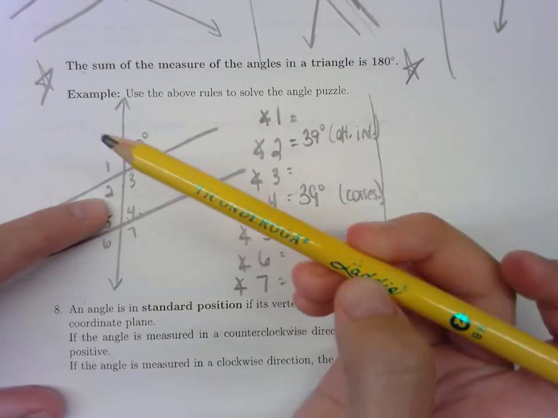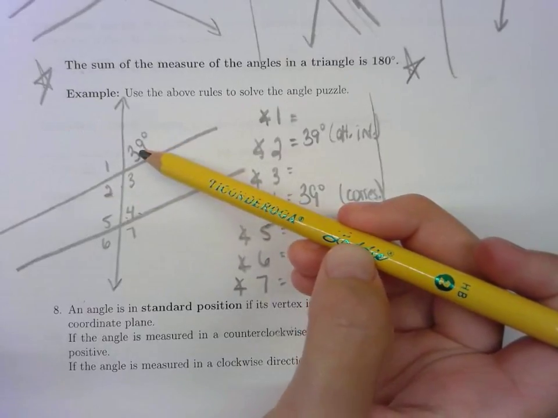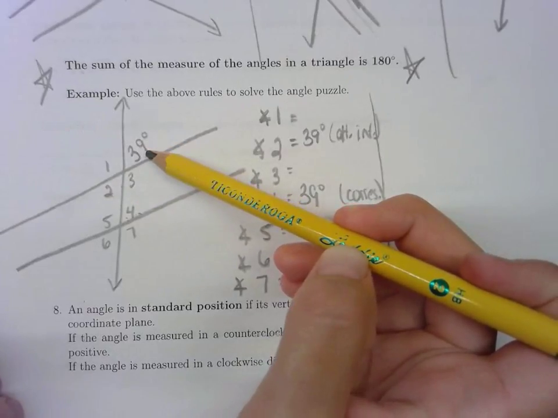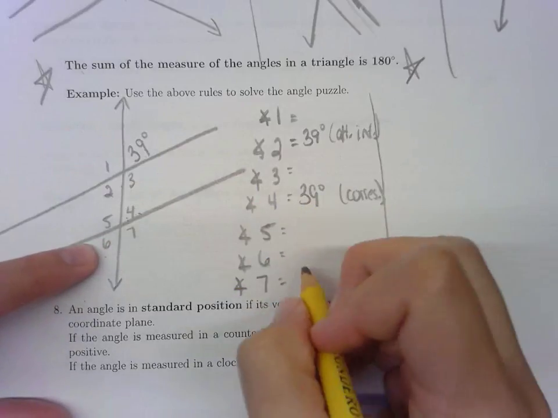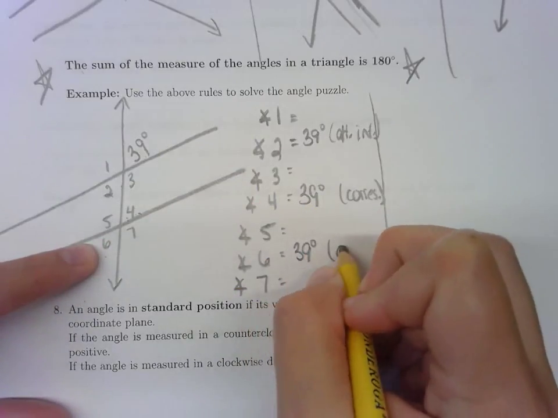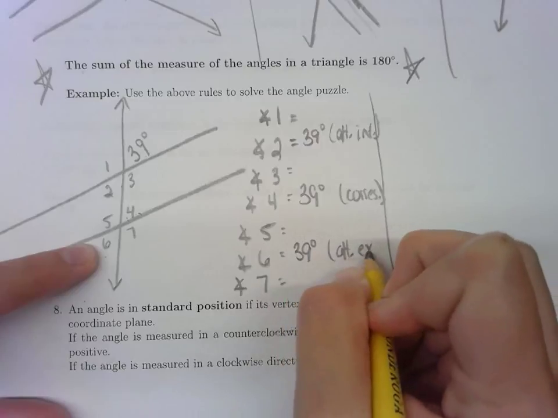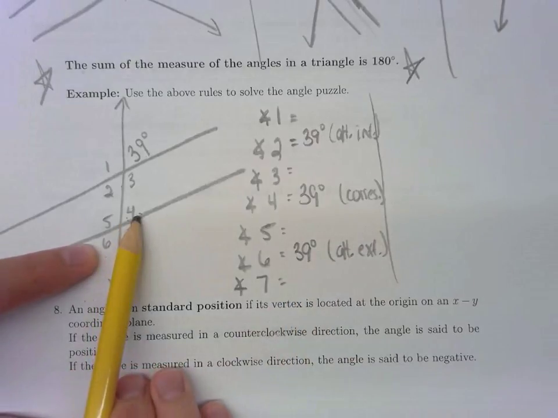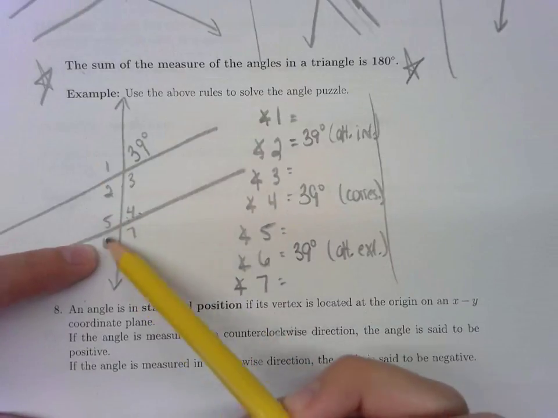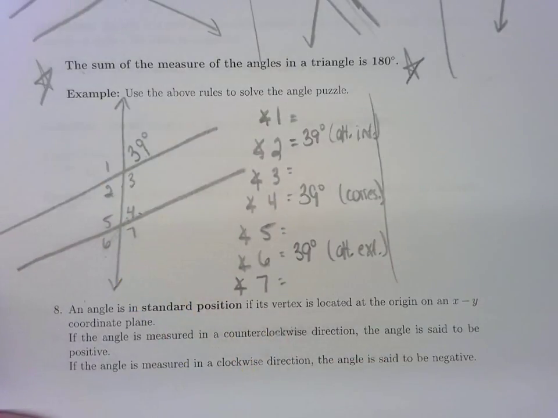Let's look at alternate exterior. For 39, we need opposite and outside, so that would be 6. So angle 6 is also 39 degrees. I'm going to do alternate exterior here. But again, angle 4 is 39, and they're vertical angles, so they have to be the same.